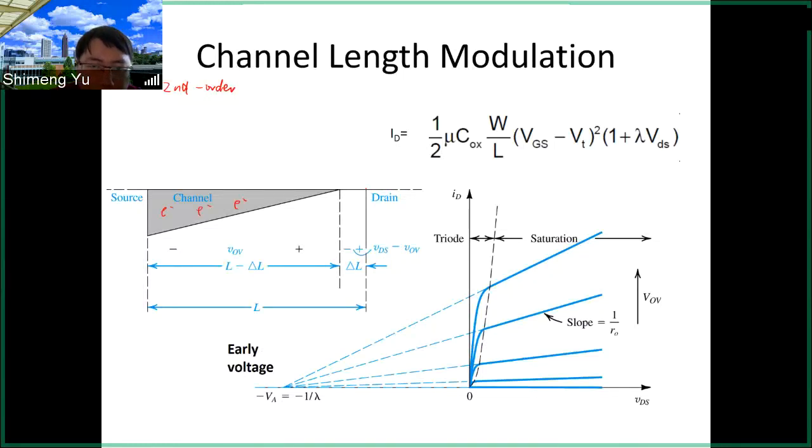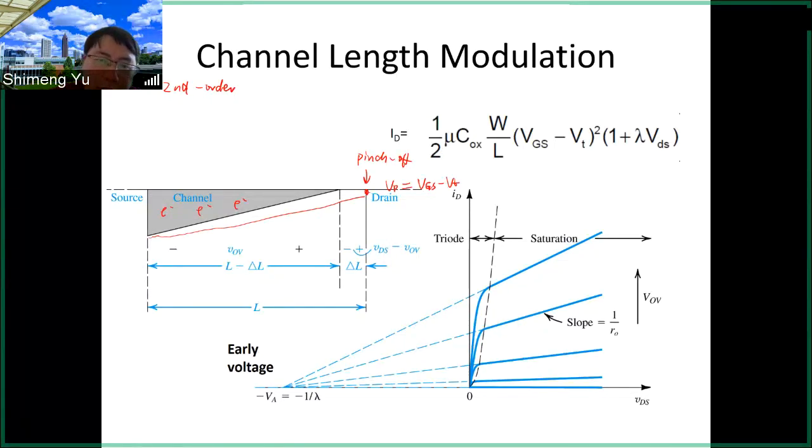And we talk about the pinch-off point. We say that at the VD sat here, we're going to have this pinch-off. This is when VD equals VGS minus VT.